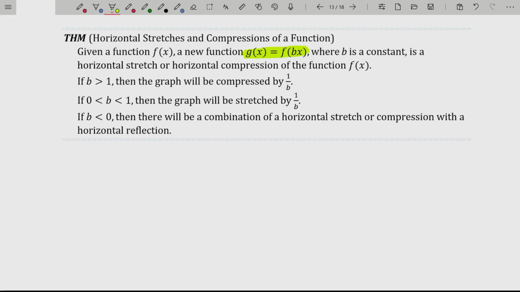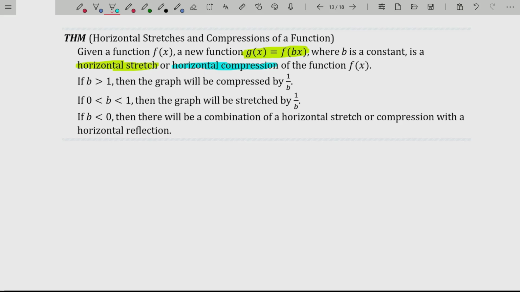Let's see, it's a horizontal stretch or a horizontal compression. So let's go ahead and use the highlighter again for the stretch part and the other highlighter for the compression part. And when I say horizontal, I mean compressed toward the y-axis, like an accordion. Compressed towards the y-axis or pulled away from the y-axis. Again, like an accordion.